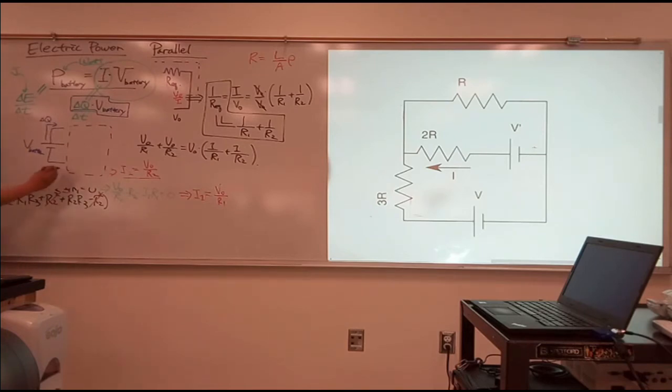Can I say that an equal number of charges enter into the negative terminal of the battery in the same time? Right? Current here is the same current here. So in the same amount of time delta t, some charges are leaving at the voltage of V battery. Some charges are entering at the voltage of 0. What does that tell you about the change of energy here?